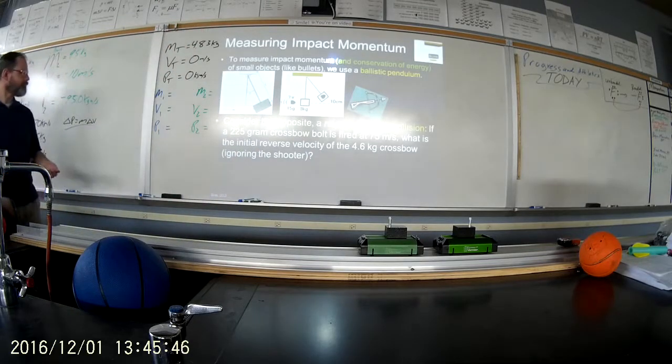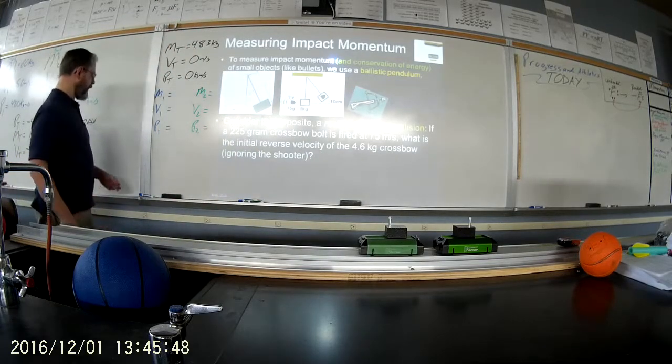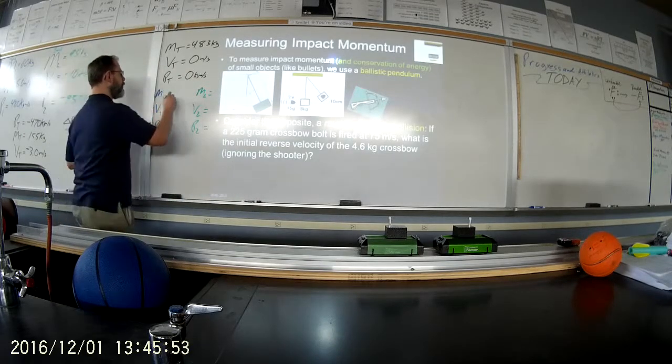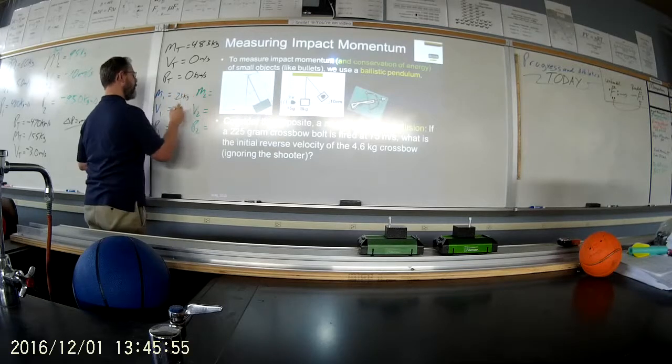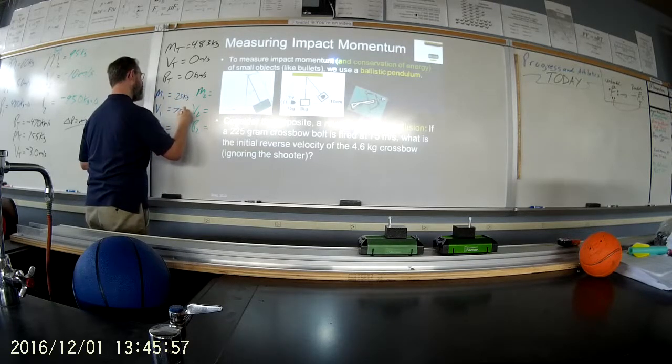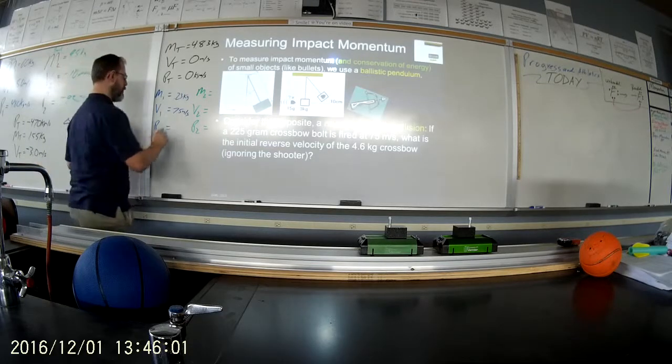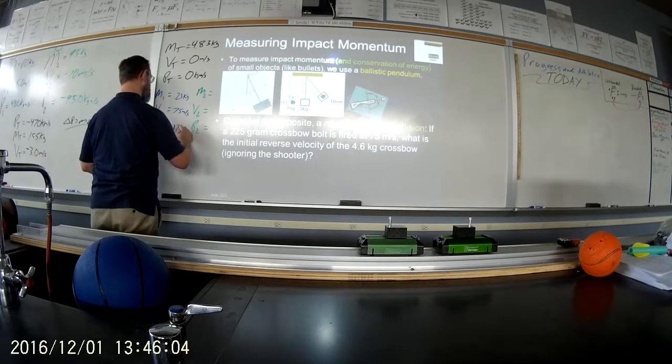Okay, so then we realize that the mass of the bolt is 0.23 kilograms. It's traveling at 75 meters per second. How much momentum does the bolt have? Okay, I'm going to round this to 17 kilogram meters per second.